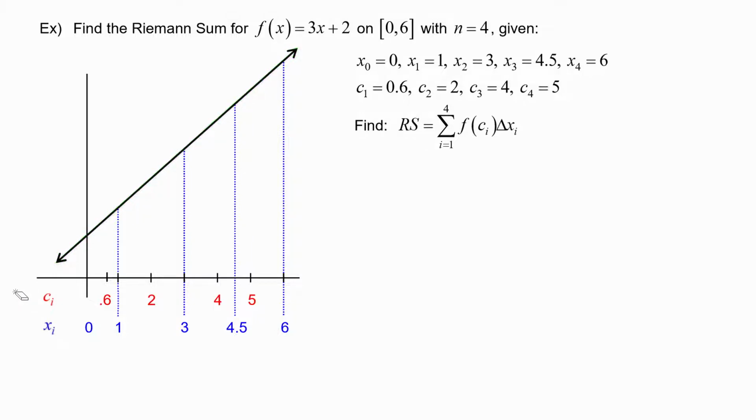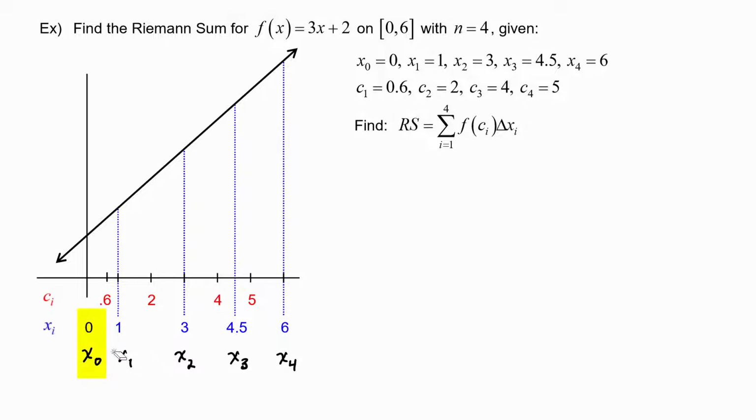Now in this problem, we are given all the x values that define the subintervals. So x0 is 0, x1 is 1, x2 is equal to 3, x3 is equal to 4.5, and x4 is equal to 6.